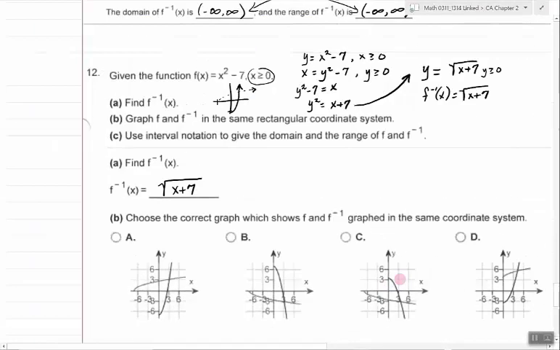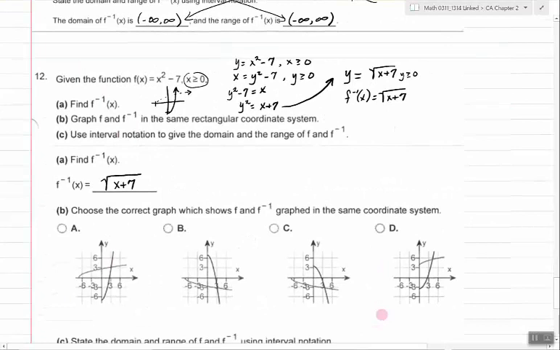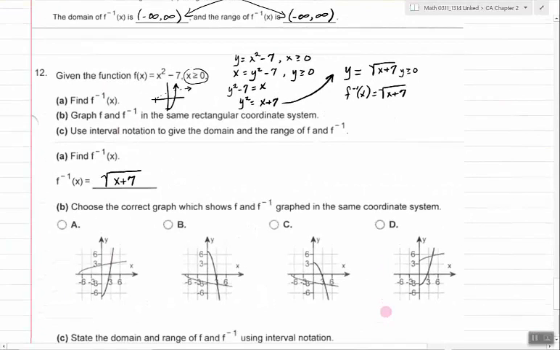So I've already begun to use what I learned about transformations, and as I look at these, I can see that choice A is the right answer.